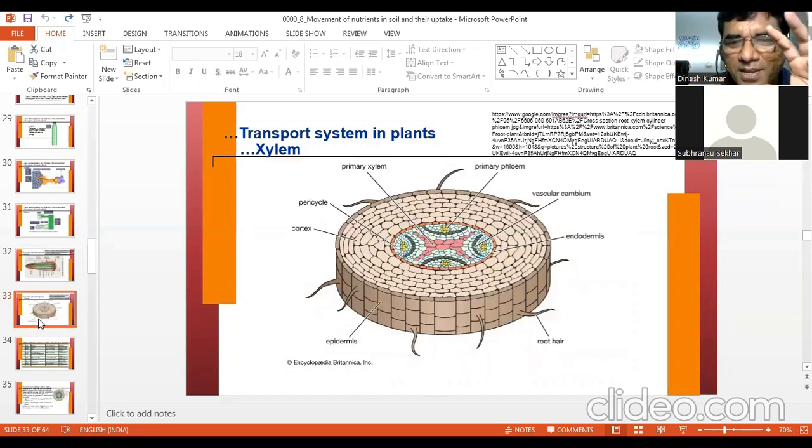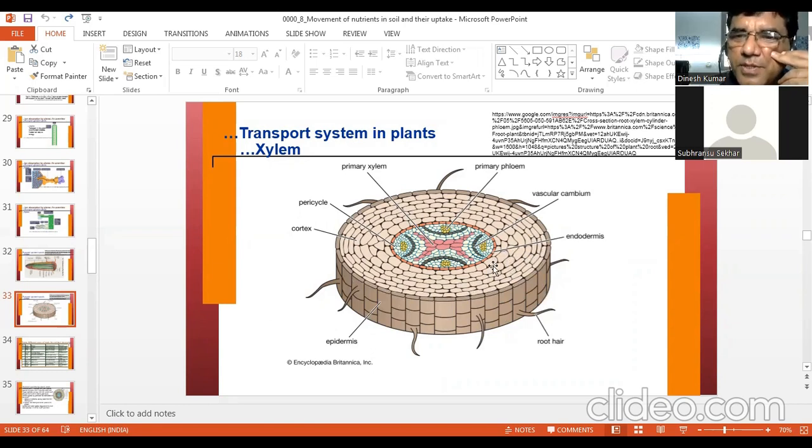This picture is from Encyclopedia Britannica. You can see the root hairs are on the epidermis, the outer layer. After the epidermis is a single cell layer, and then there are many layers of cells, 1 layer, 2 layer, 3.